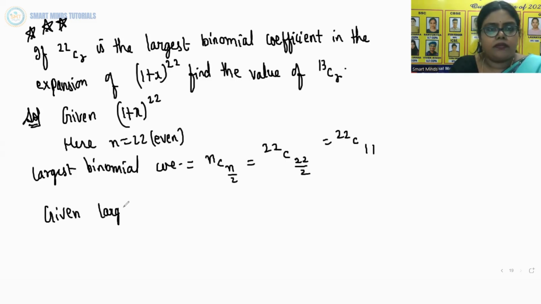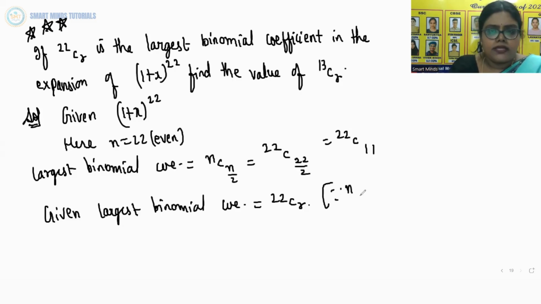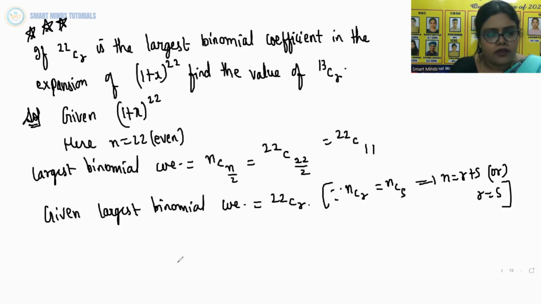But what is given to us? Given largest binomial coefficient is 22CR. Since nCr is equal to nCs, then we can say n is equal to r plus s or r is equal to s. This is the concept we have. So we can write it as 22CR equals 22C11.